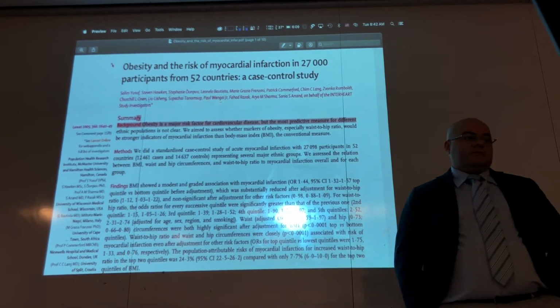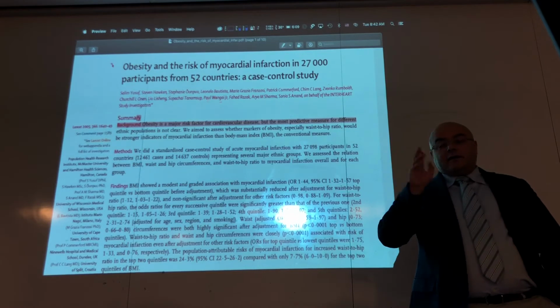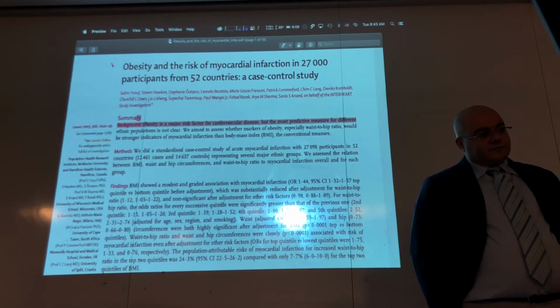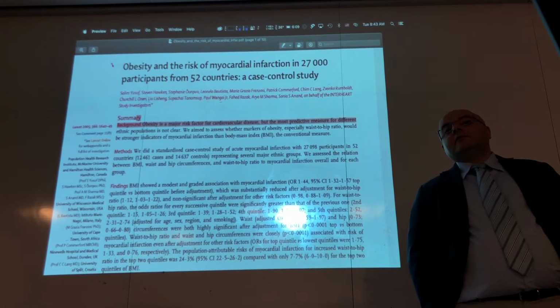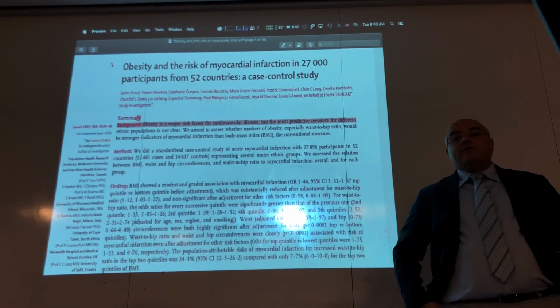Is there a relationship between BMI and the disease? Let's try again: how strongly significant is the relationship between BMI and the disease itself? You can say heart disease. They suggest that waist-to-hip ratio would be a stronger indicator of myocardial infarction than BMI. I know, but I want you to formulate a research question.